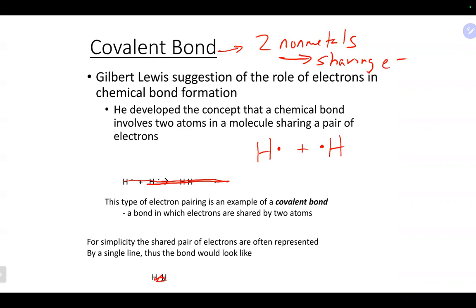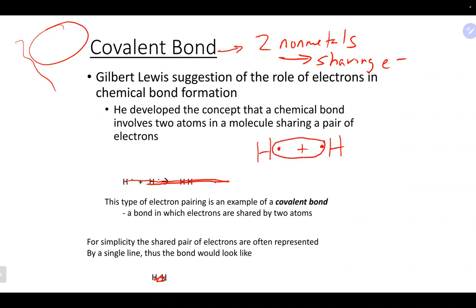So neither one of them is going to want to give their electron away to somebody else. So the best that we could hope for, and the best that happens when we get two nonmetals together, because frankly, nonmetals on the periodic table are pretty much sitting in the exact same location, is that they're going to do some type of sharing. So instead of ionic bonding that we just talked about when we have a metal and a nonmetal, when we have our two nonmetals together, they're just going to agree, why don't we just share this?